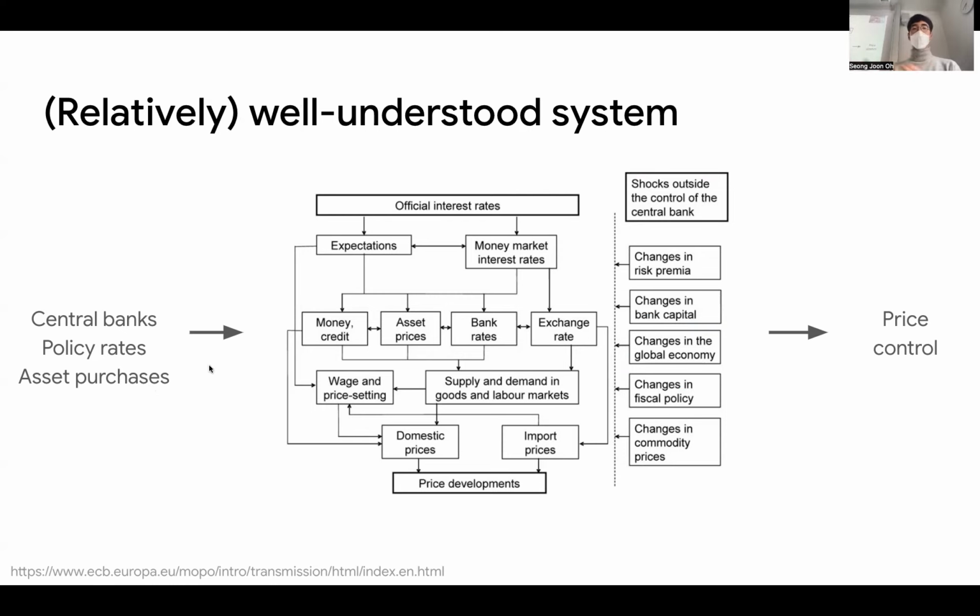That's going to control the amount of money in the market and affect a lot of different nodes here, such as the amount of money and credit, asset prices in general, stock prices, bond prices, bank rates, exchange rates with other countries. And then a lot of chains here, right? Eventually they wish to control price, which is quite essential these days.